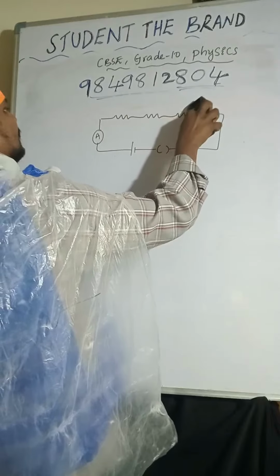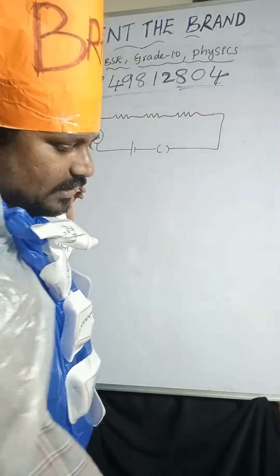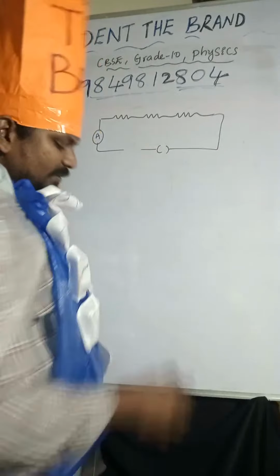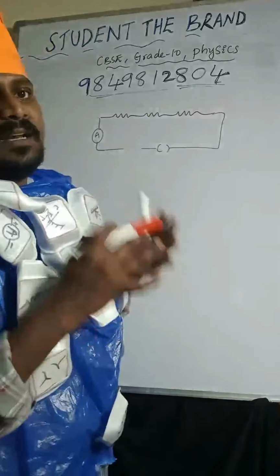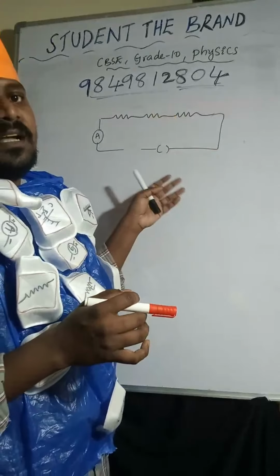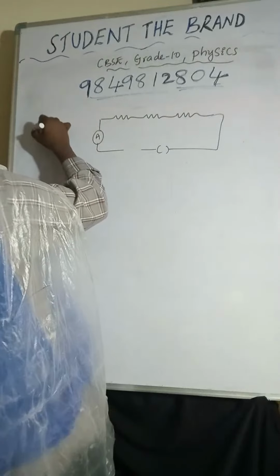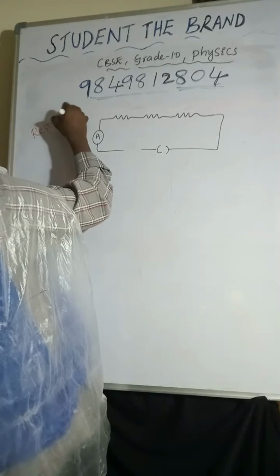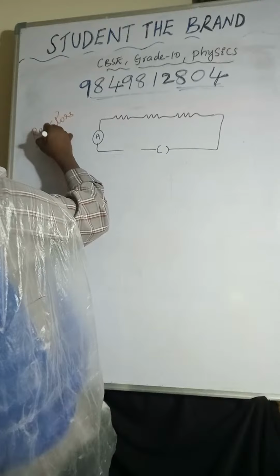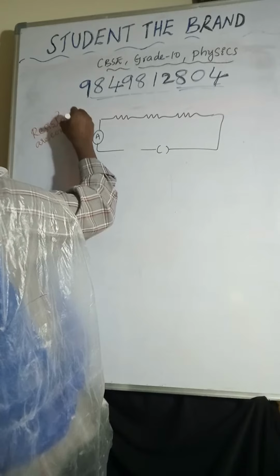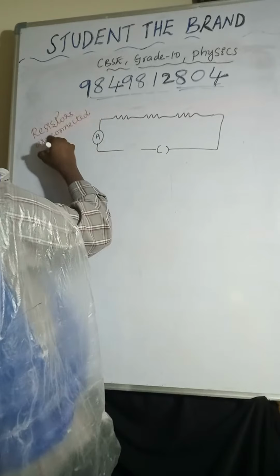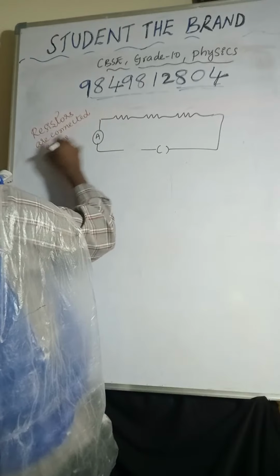So resistors can be connected in series or in parallel, and here I'm considering a battery like this. First we will discuss resistors connected in series, then resistors connected in parallel, and after that we'll go to the grouping of cells. So, resistors connected in series combination.